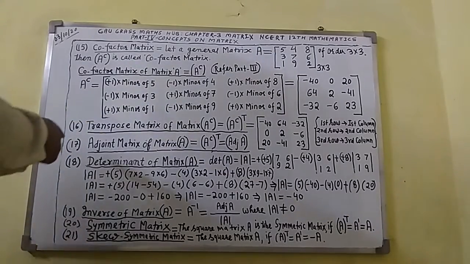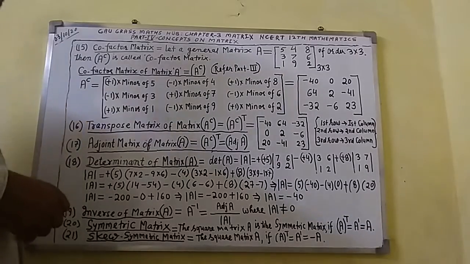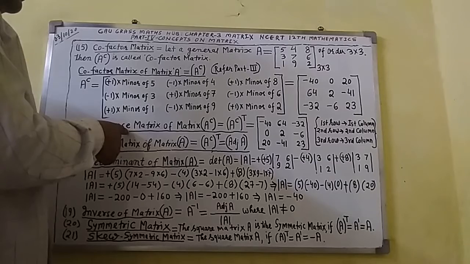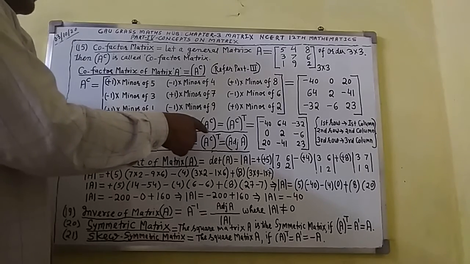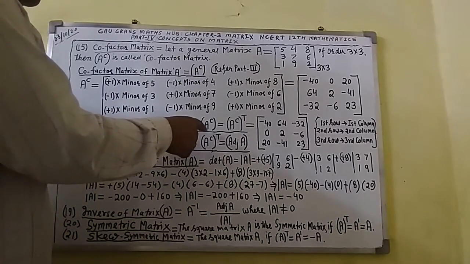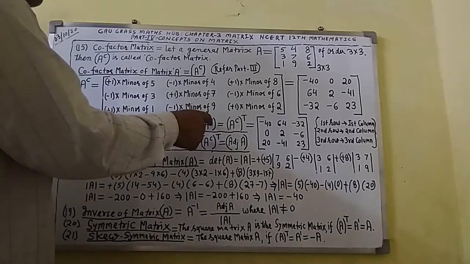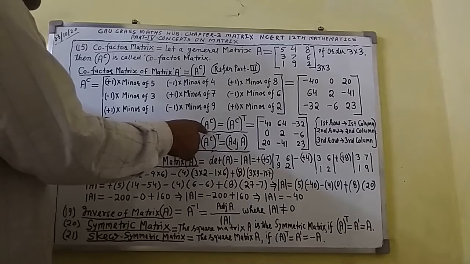Now come to point number 16. In point number 16, we shall get the transpose matrix from the cofactor matrix A. Here you can see matrix capital A raised to the power capital C. This is the cofactor matrix.